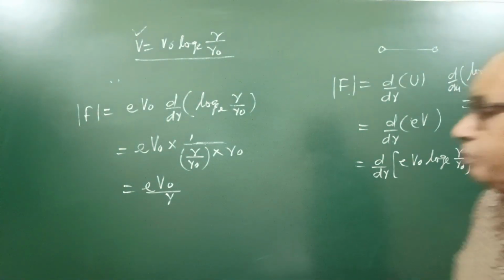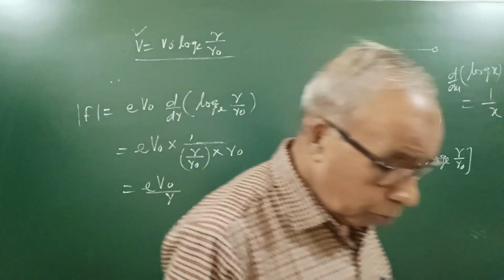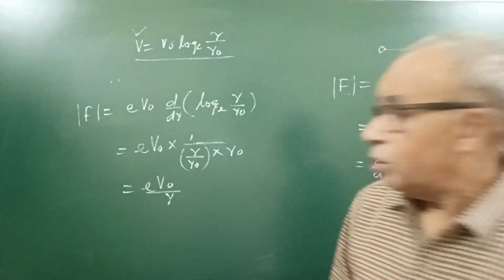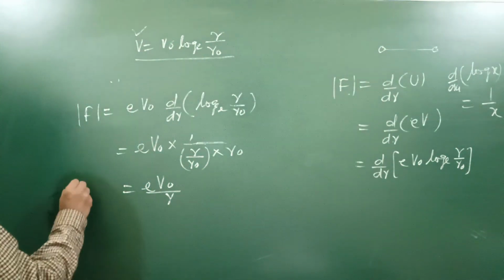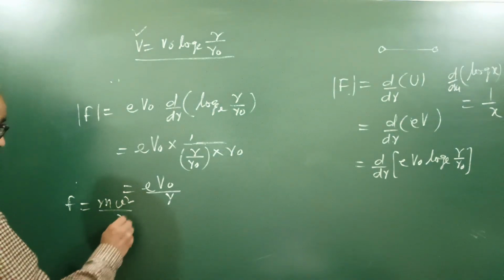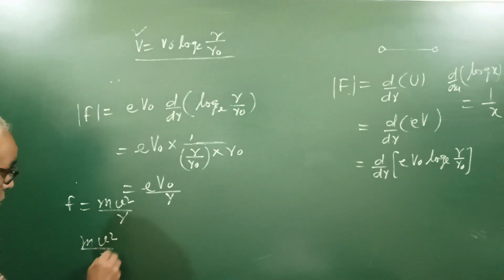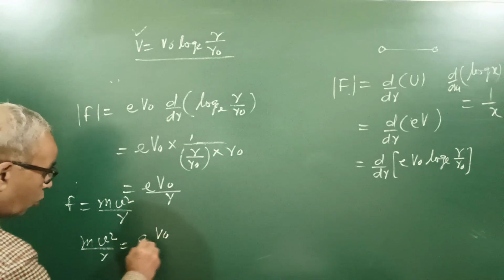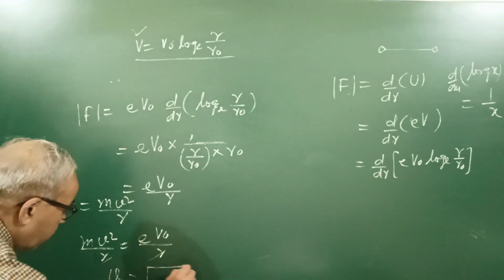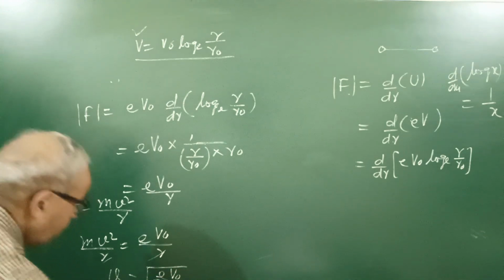But the force between the electron and proton is balanced by the centripetal force. This force is also equal to F equal to mv square by r. So mv square by r is equal to eV0 upon r. r cancels, so v is equal to under root eV0 upon m.